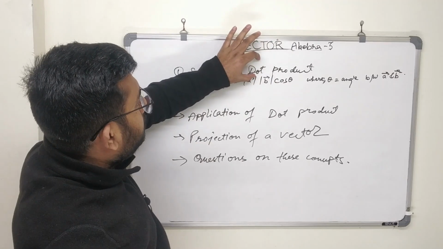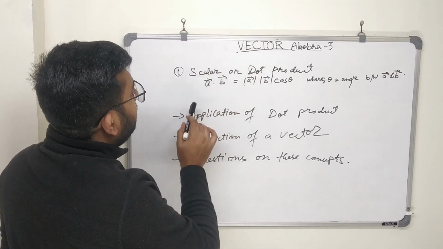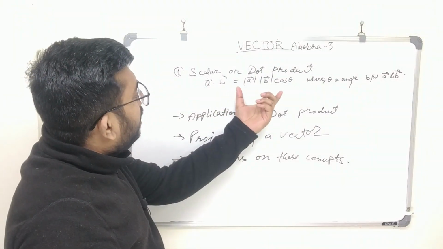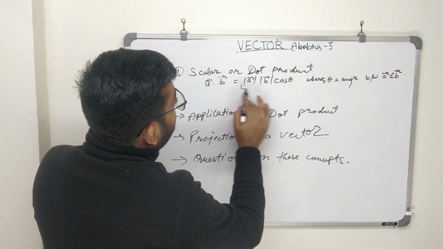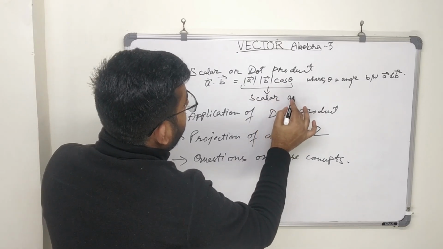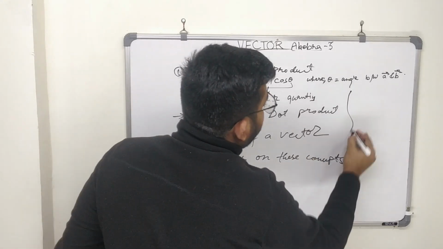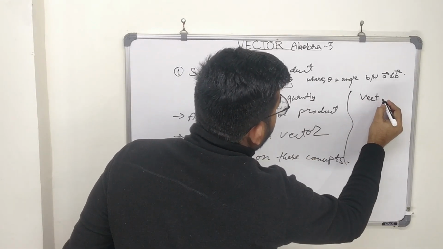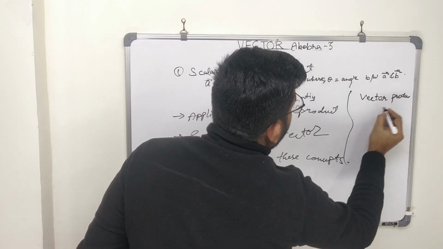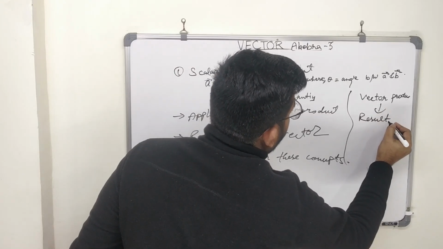Dot product is said because there is a dot between A vector and B vector. Why is it called scalar product? Scalar product ये इसलिए बोला जाता है because the resultant of this is a scalar quantity. जबकि वेक्टर प्रोडक्ट में ऐसा नहीं होता. वेक्टर प्रोडक्ट में जो रिजल्टेंट होता है that is a vector again.